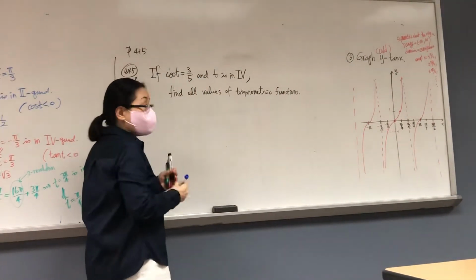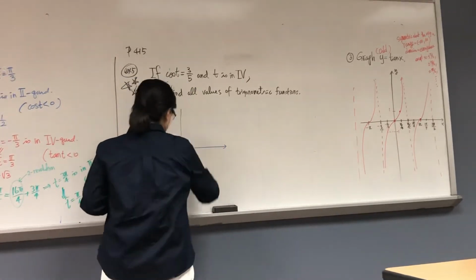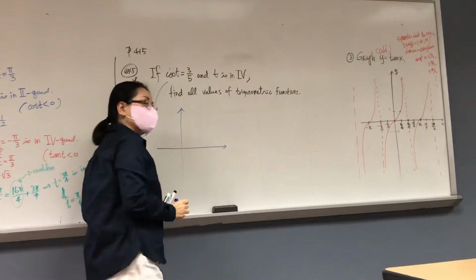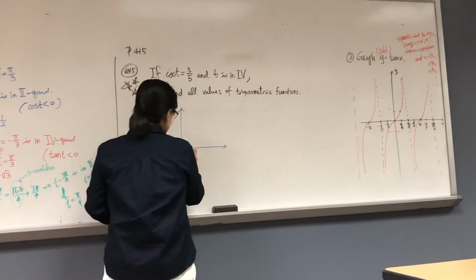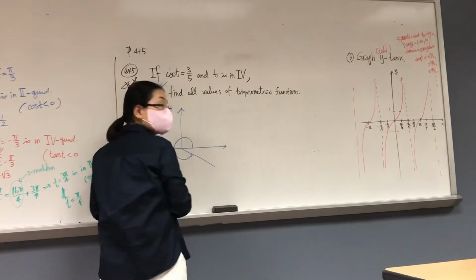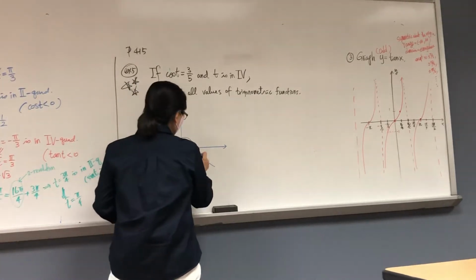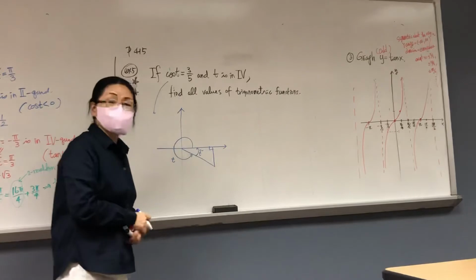To figure this out, what do you need to do first? Think. Where's your t? Fourth quadrant, am I right? So this will be your t, and then definitely you need a t tilde. Then you can think about a triangle, yes?